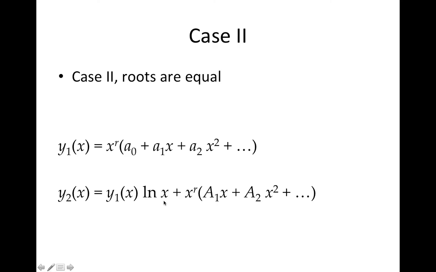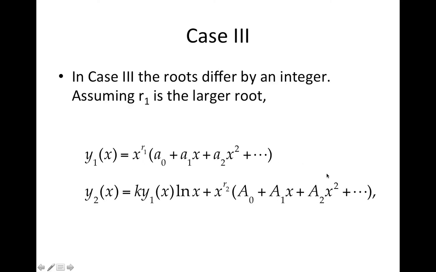And the reason this is the natural log is that we're dealing with solutions in x to the r, not e to the lambda x or e to the gamma x. So because we don't have the exponential function, this natural log shows up in the solution. So this is our case 2 where we have multiple equal roots.